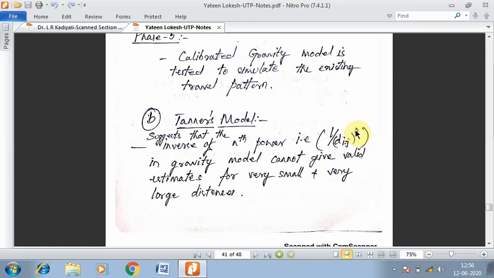The inverse of the nth power in the gravity model is observed not to give a valid estimate for very small cities or extremely large cities, or places where the zone separation is very small or very large. Under such circumstances, the gravity model is observed not to give a reliable estimate.